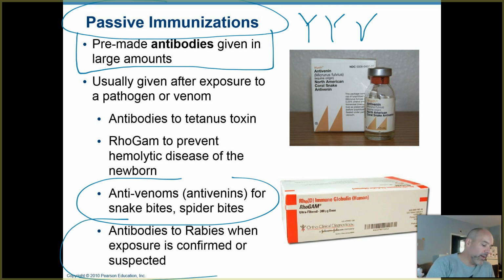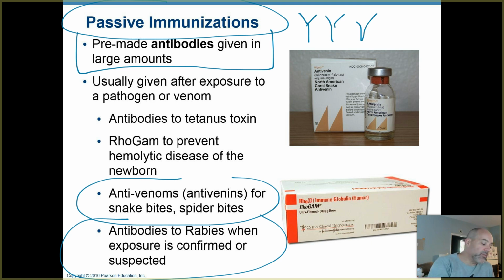Or if you've ever heard about anybody getting rabies shots, because they've been bitten by a rabid animal, that's what they're doing. They're flooding your body fluids with lots of antibodies to rabies virus, and that way you don't have time to wait around for your own body to make its own antibodies to rabies virus. You'll be dead before that happens in all likelihood.